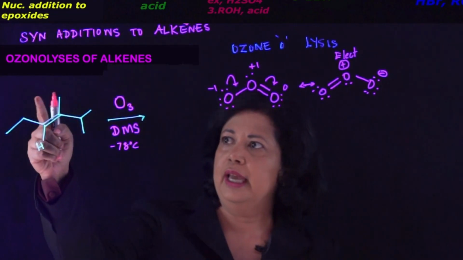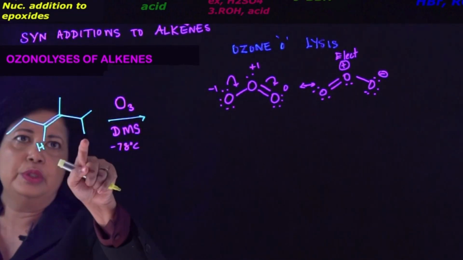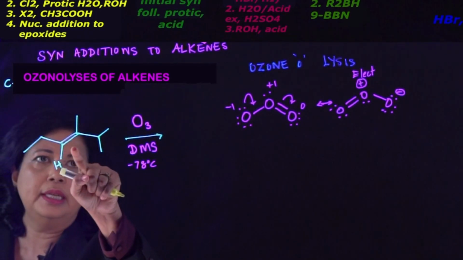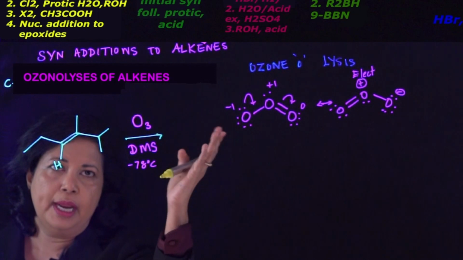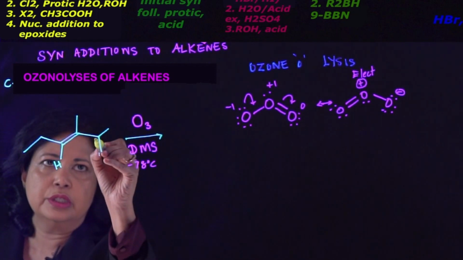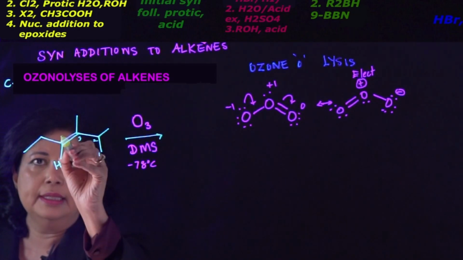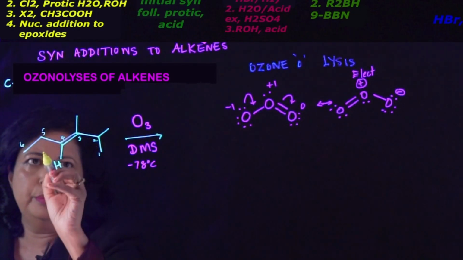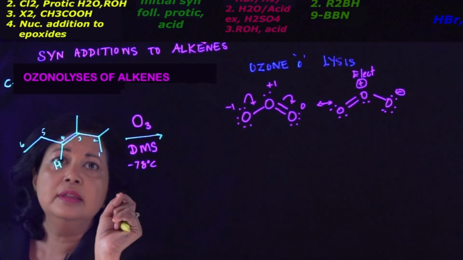So here we have a pi bond. Let's name it for good practice. So where do you start numbering? 1, 2, 3, 1, 2, 3. Obviously, this has more branching, so we're going to go in this direction, 1, 2, 3, and give the lowest number to the alkene that way. And it's going to be a hexene with 2 and 3 being dimethyl.